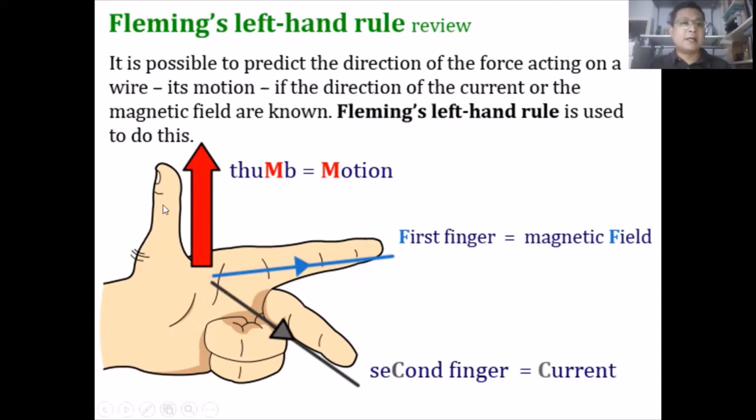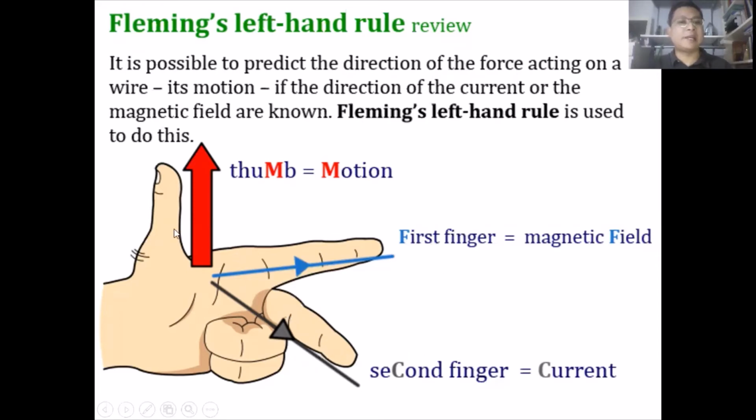So we have the thumb here, and we have the first finger here, and then the middle finger. The thumb describes the force. The first finger indicates the magnetic field, and then the second or middle finger indicates the current.